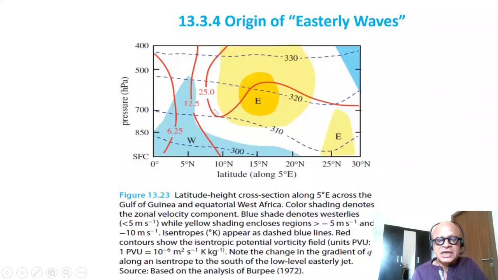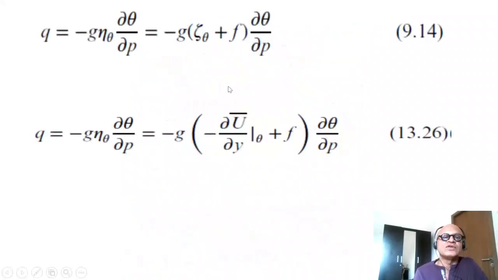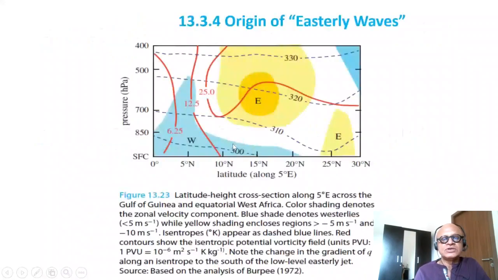And Charney had already done some work showing that if you look at the meridional gradient of the absolute vorticity, which we saw before, Q is minus g eta theta d theta dp, which we wrote as zeta theta, isentropic relative vorticity, plus planetary vorticity, and we had written that in terms of the meridional shear, which is relevant for this wind field that we are looking at from the surface to the height.